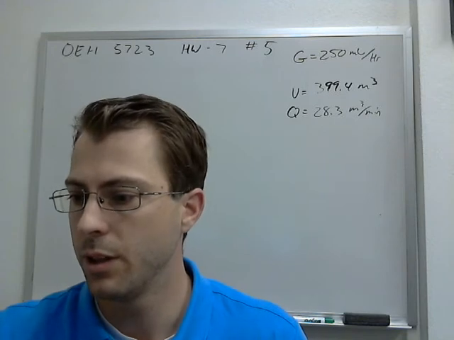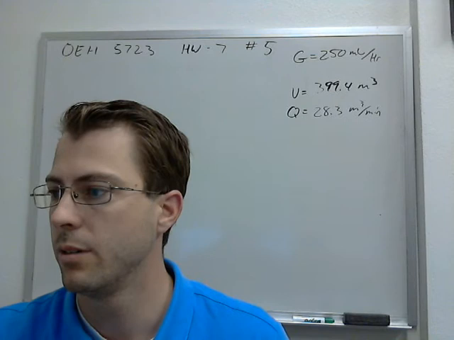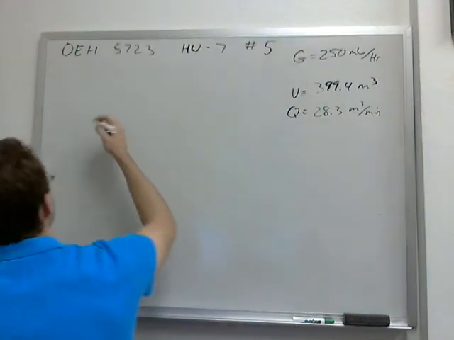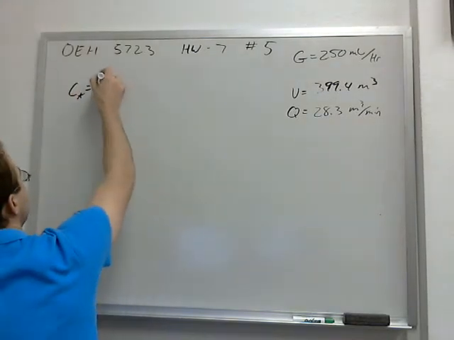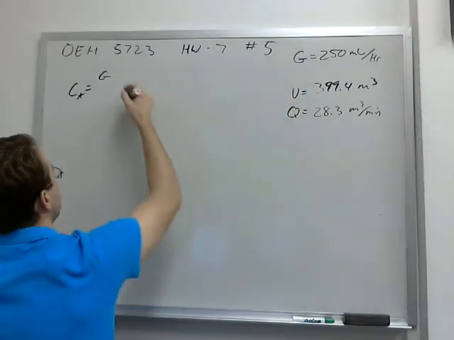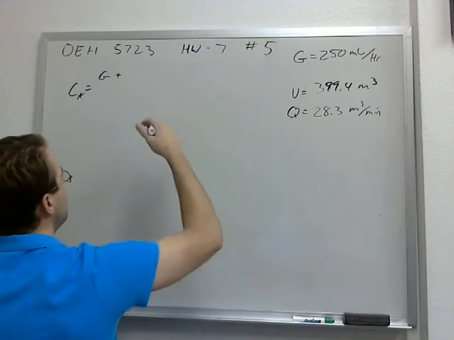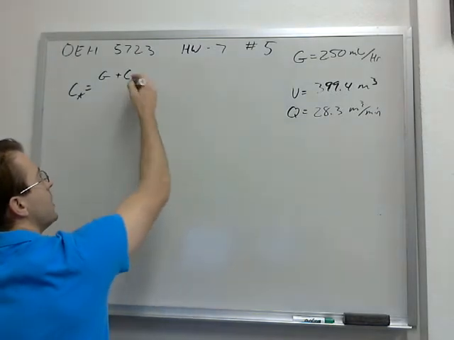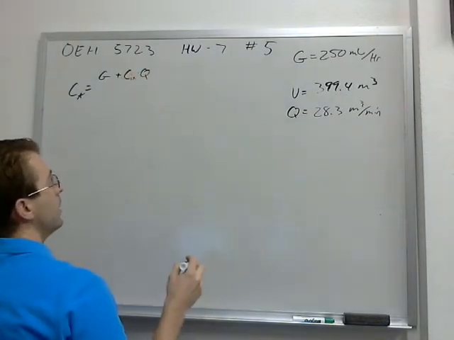The formula that's best for that, I have pulled up here. Concentration in time is equal to the generation rate, and we'll work on our generation rate in a second, plus everything coming into the system, plus the concentration of the outside air, the makeup air that's coming in, multiplied by the flow rate.